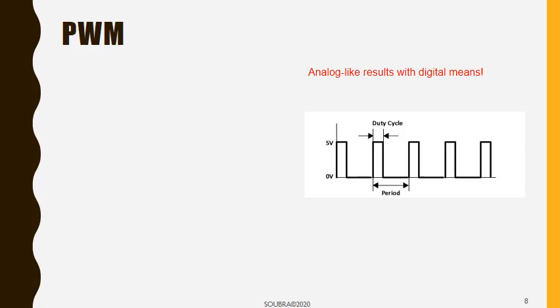Let me get a pen so we can make sure that everyone gets that. I have my 0, I have my 5 volts. Imagine my period starts here. I'm spending 50% of my time up and 50% of my time down. This means that all in all, as a mean, it's as if I'm spending all of my time in the period at 2.5 volts.